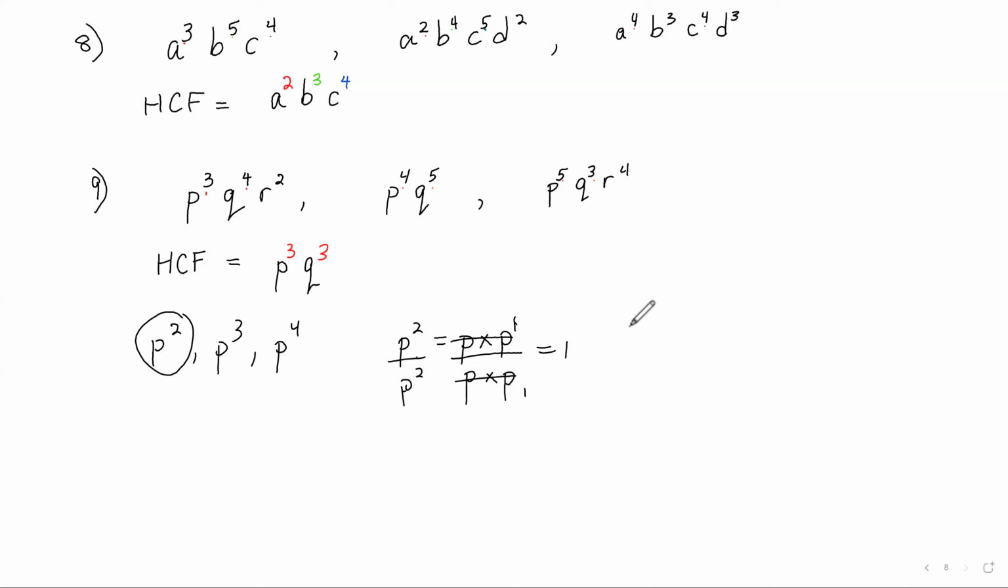Similarly, P cubed will be P times P times P. And if I divide that by P squared, it will be all divided by P times P. But what would happen here? This will cancel, and you'll just end up with P, because P squared times P will give you P cubed.